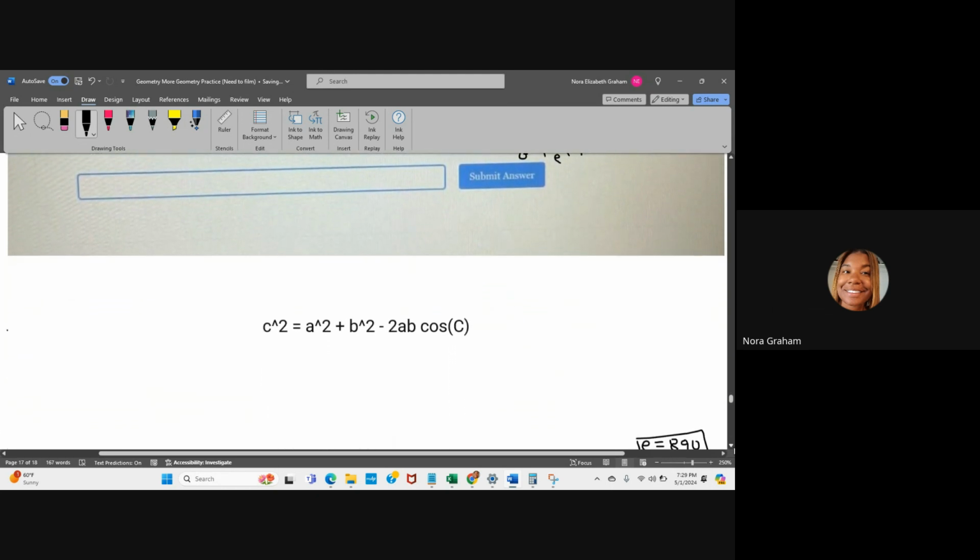All right. The side that I'm trying to find, I believe, is side E. Okay. So to plug that in, I'm going to have E squared equals 740 squared. And you can pick whichever ones you want for your A or B, okay? As long as it's not the side that you're trying to find. So 740 squared and then 470 squared.